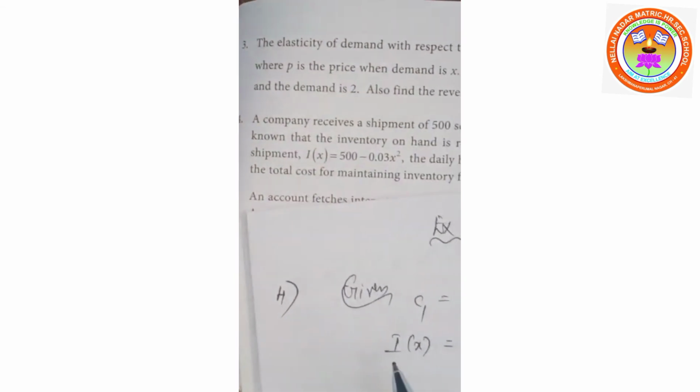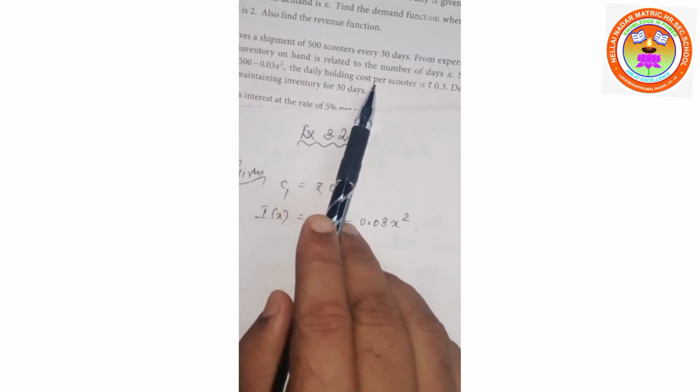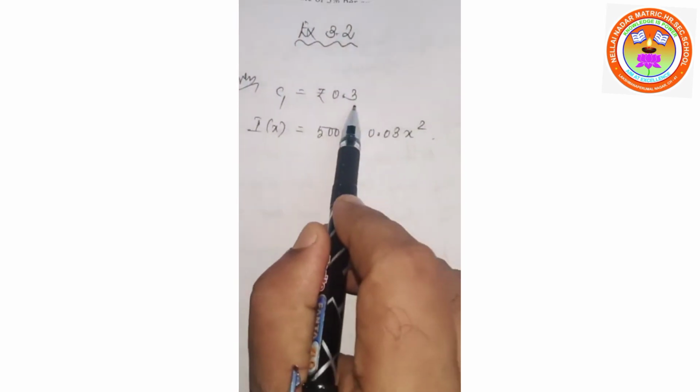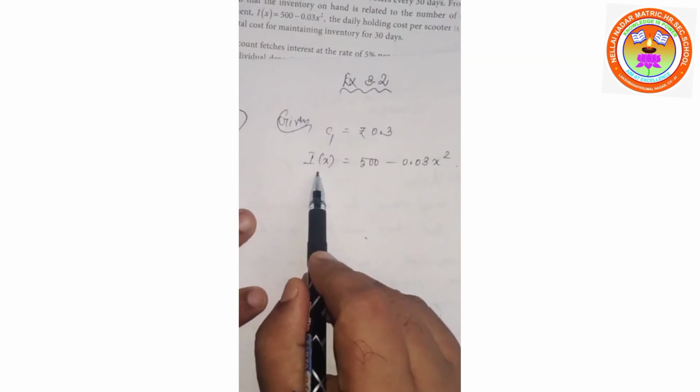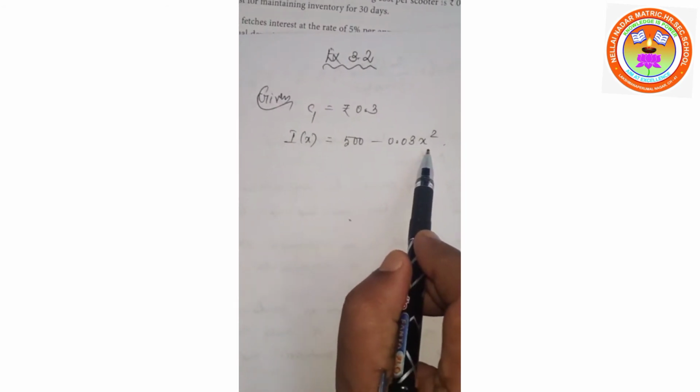In problem number 4, you are given C1. C1, that is the holding cost per scooter, is 0.3. I of x is given as 500 minus 0.03 x squared. Okay.